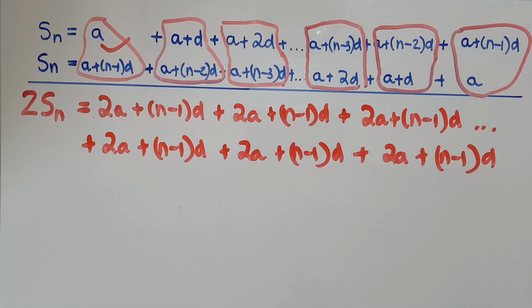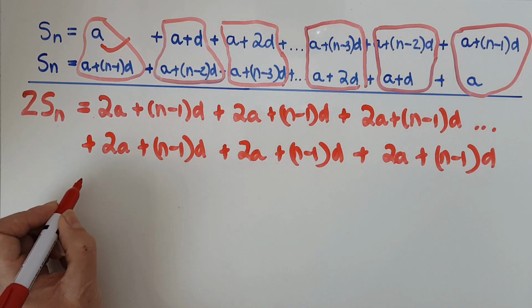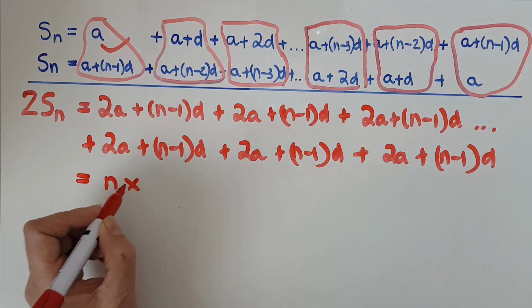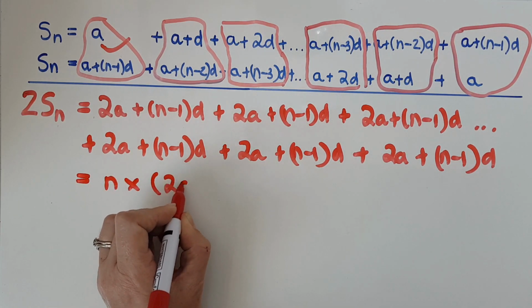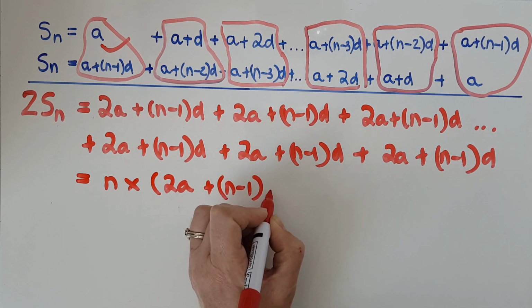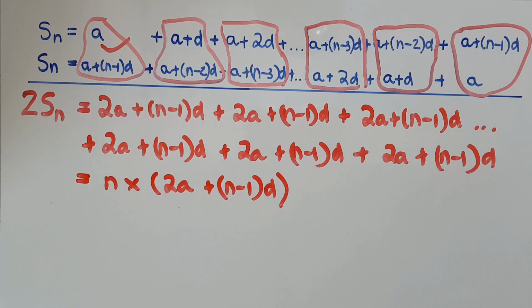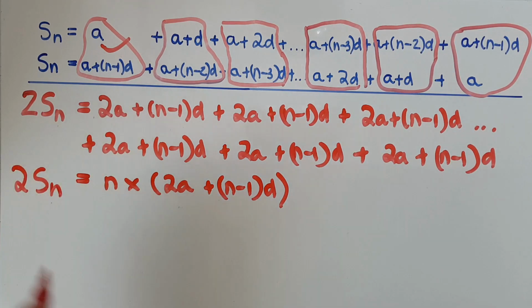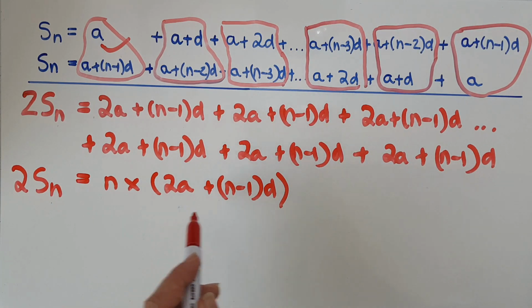There would really be n of them. Okay, so actually this entire thing can be rewritten as n of these guys. It's going to be n of my 2a plus n minus 1d. Okay, so 2 of these added up will give me n of these.